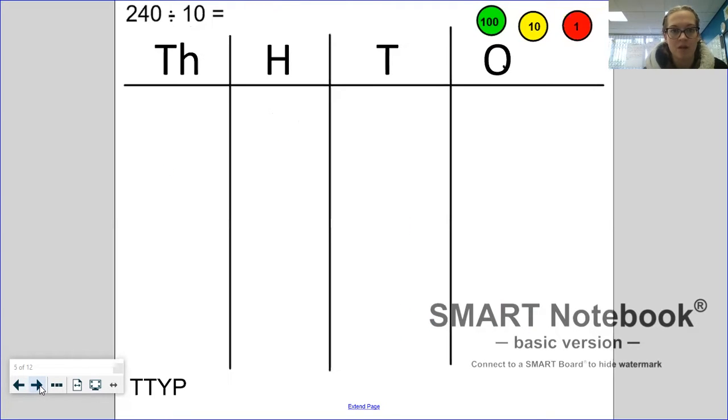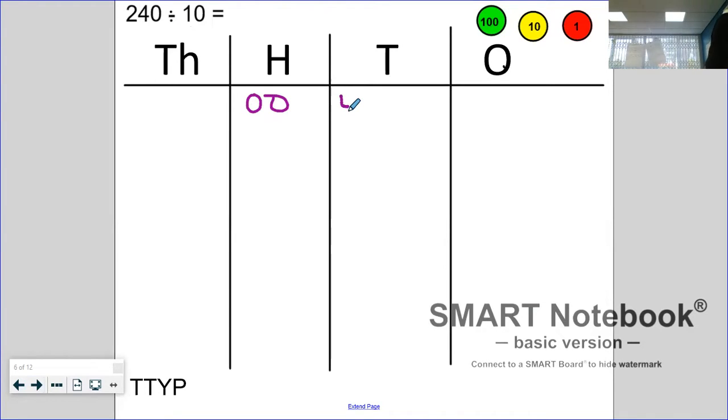Right, I'm going to do this one now. We've got 240 divided by 10. I'm going to make 2 hundreds and 4 tens. Now, we're going 10 times smaller, guys.